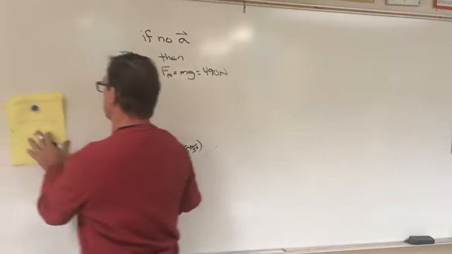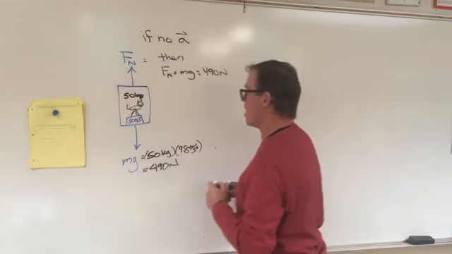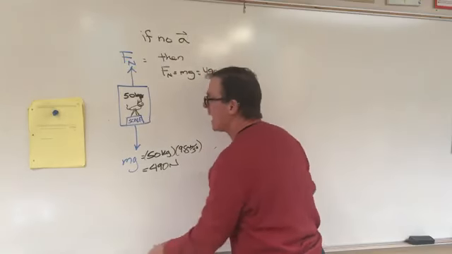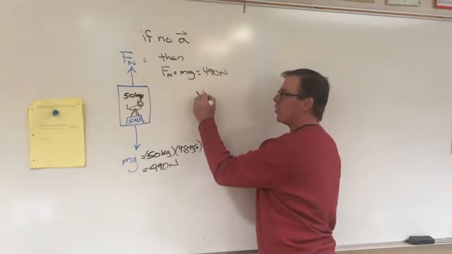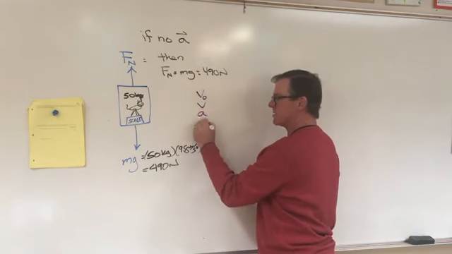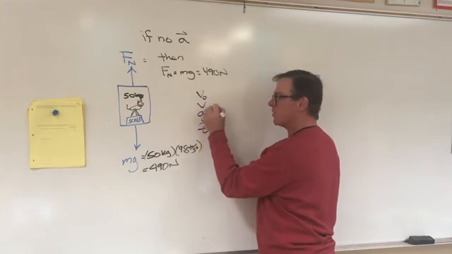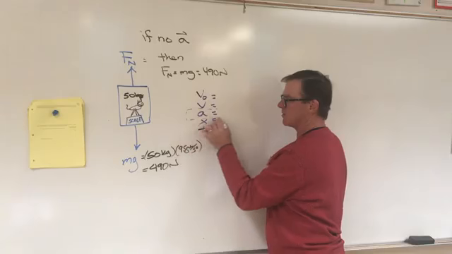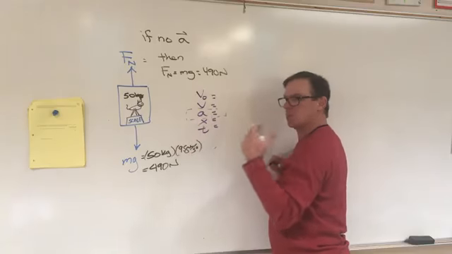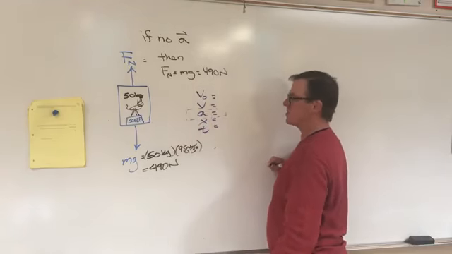Now, they tell us that the dog is going upward at 2 meters per second at first. So I'm going to make an old school list, a Vivacsta list. And you may wonder why I'm doing that, but I need to determine if there's an acceleration, because if there is, then we have a different situation.